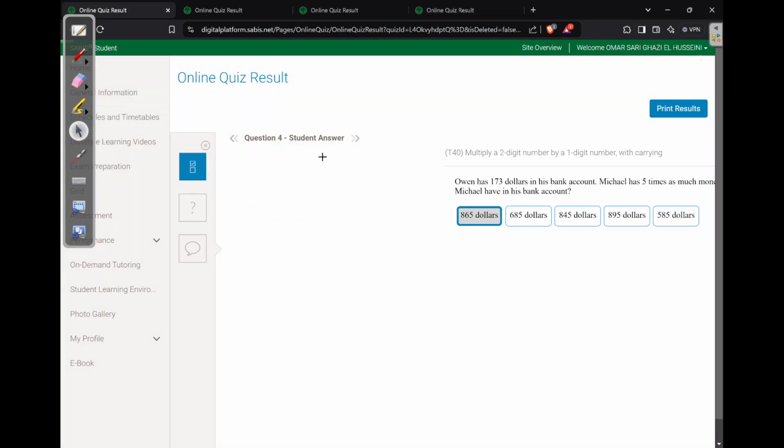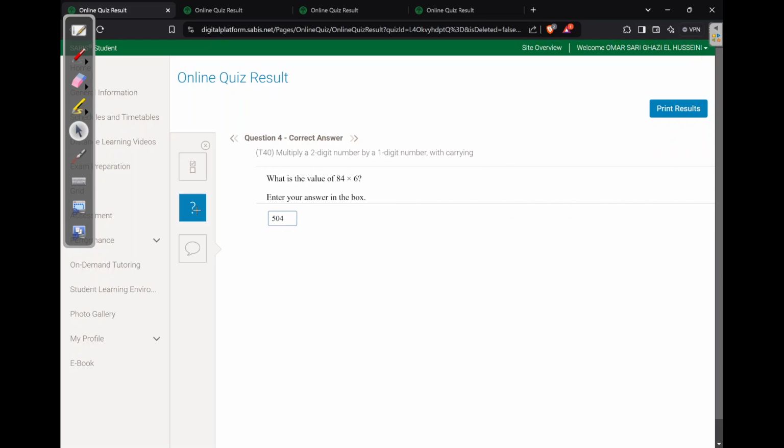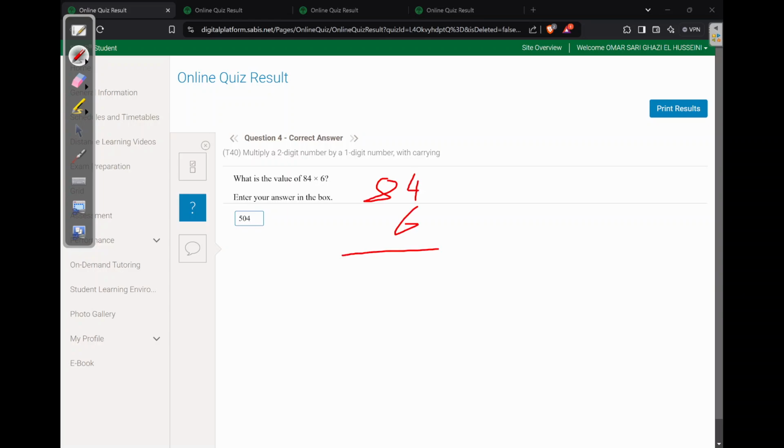Question 4. 84 times 6. 6 times 4 equals 24. 2 up. 6 times 8 equals 48. And then we add that 2 equals 504.